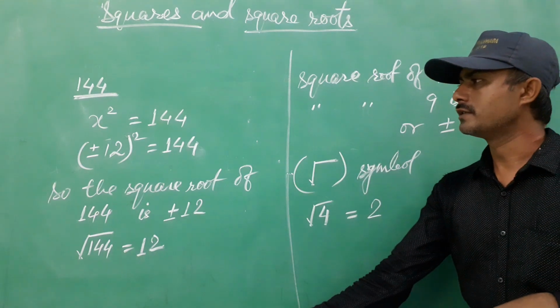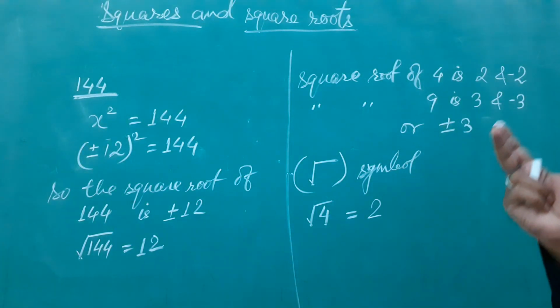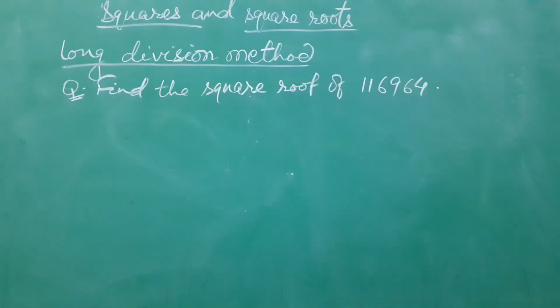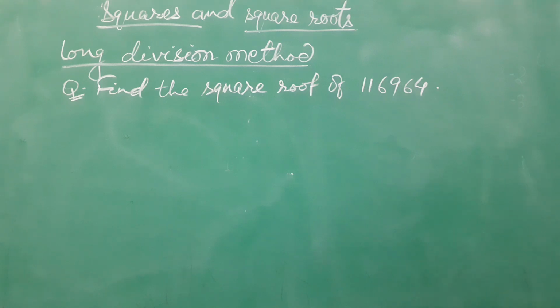Now I will explain the most important part of this square root portion using the long division method. Just for the long division method, we will start with one question.